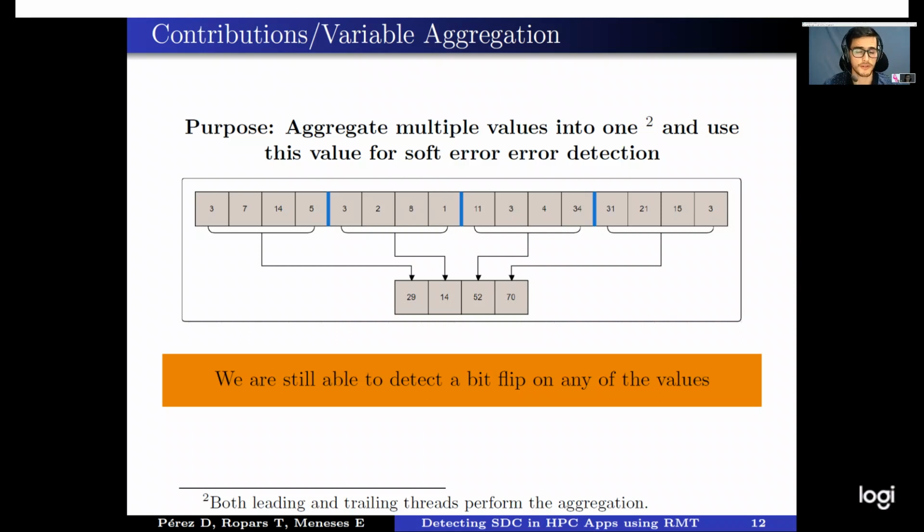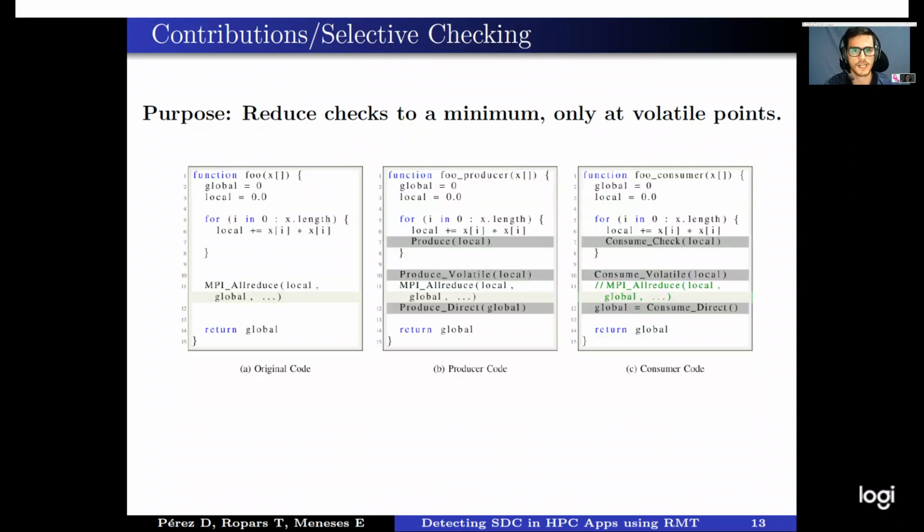The other optimization that we propose is more strict than variable aggregation, and it's called selective checking. The idea is to reduce the checks to a minimum, only at the volatile points. As I said before, the volatile points are the points where a local variable might get published to main memory.